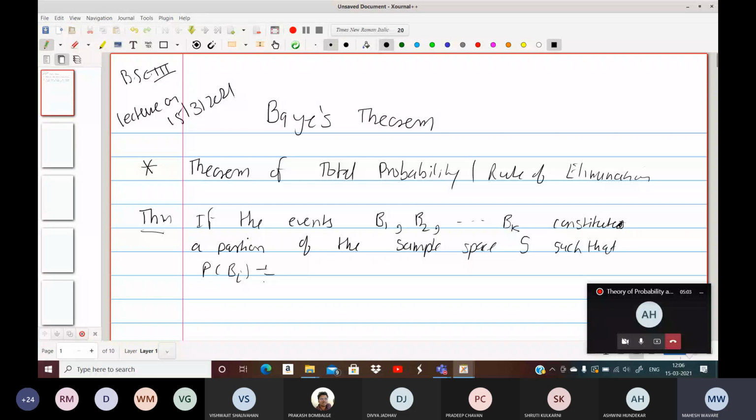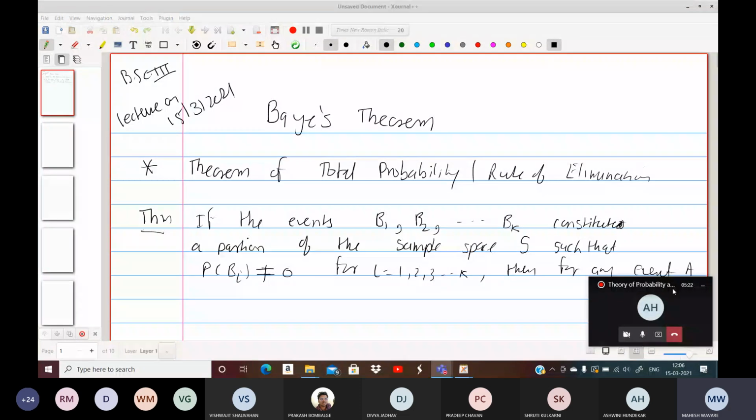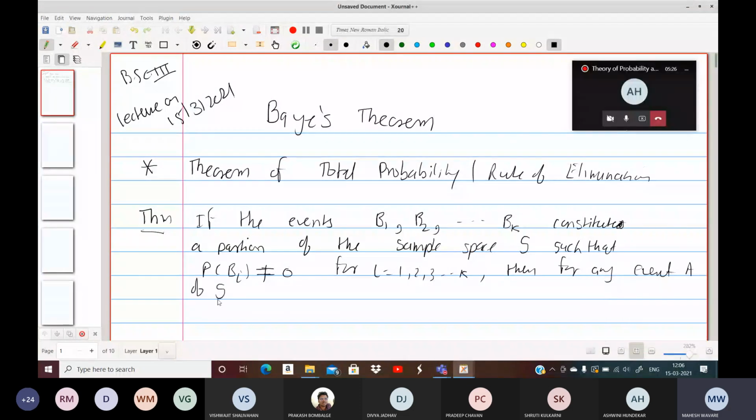Then for any event A of S, where S is the sample space, the probability of A you need to calculate is just the summation, i from 1 to k, of probability of A intersection Bi.